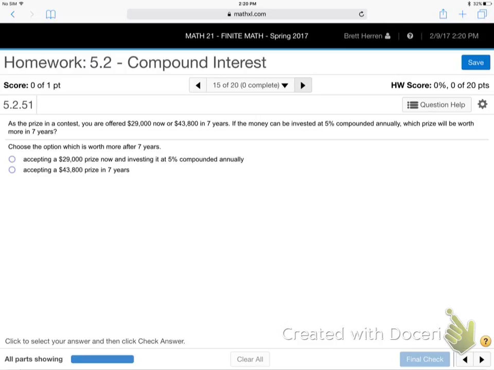Okay, number 15. As the prize in the contest, you're offered $29,000 now, or $43,800 in 7 years. You hear about these kinds of things: a certain amount of money now or a certain amount of money later. It's kind of like the time value of money. The whole trick is what could you invest it in, and that's hard to always tell. So which is better?